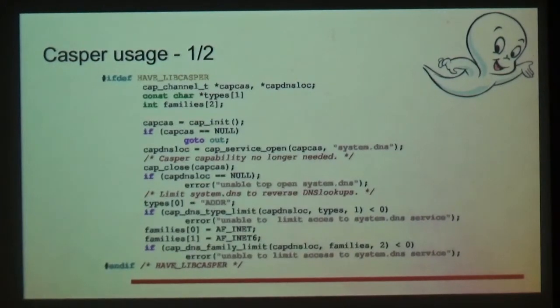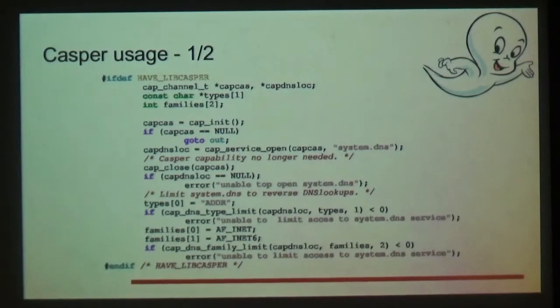So here is how we could use Casper in our program. First we would need to fork, or create a Casper connection, by calling cap_init. Then we open the services that are interesting for us, for example, system.dns. And then we can even limit the Casper to allow us only to resolve names, and only in IPv4 or IPv6.